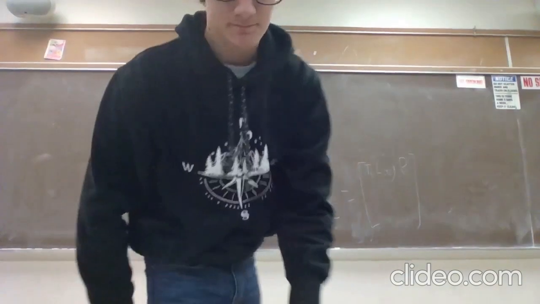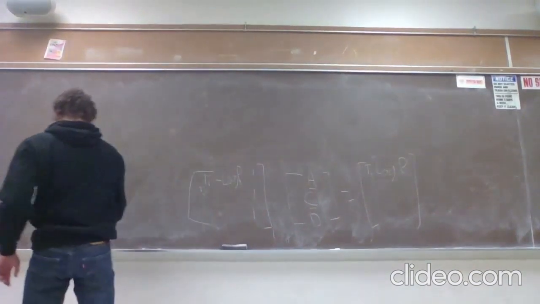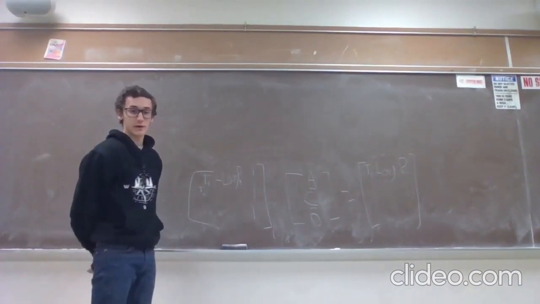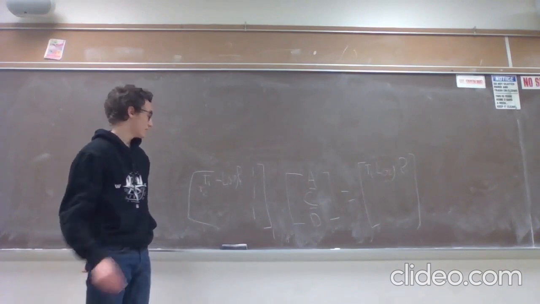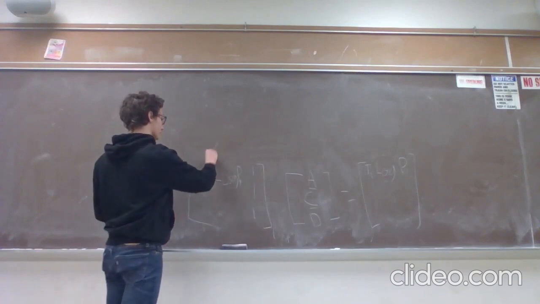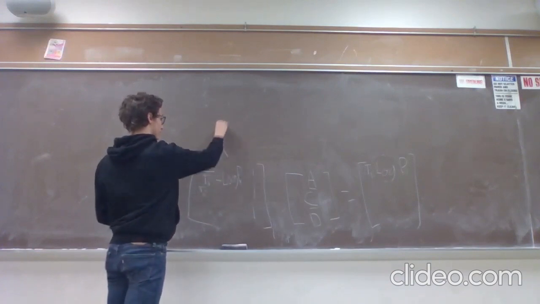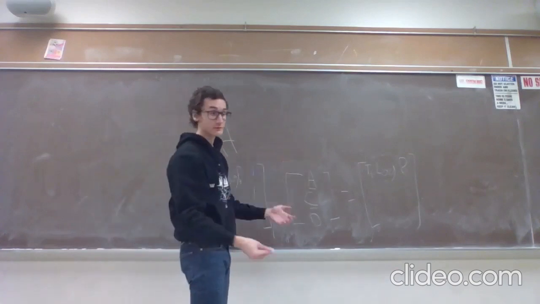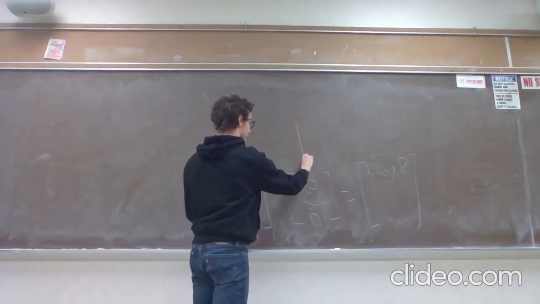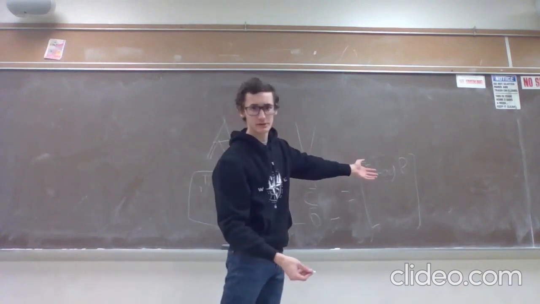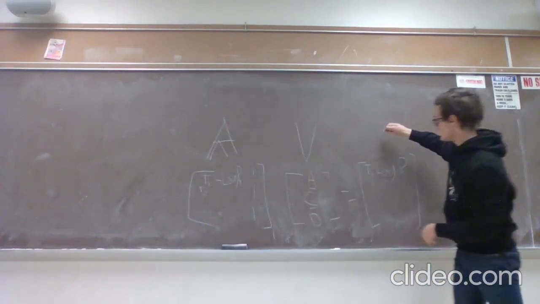Sorry about that, I lost my train of thought. However, what we get here is we're going to call this array A. Let's write that bigger. We're going to call this array V for variables. And because we're missing B here, let's call this array B.